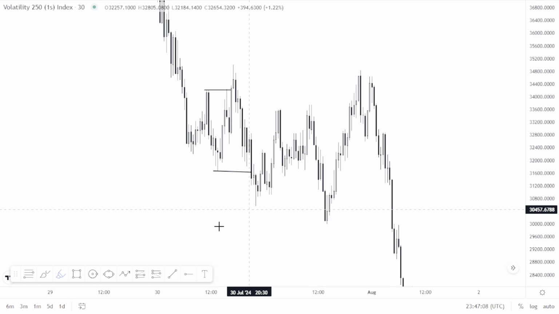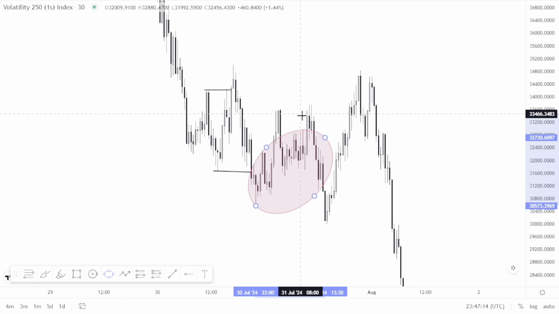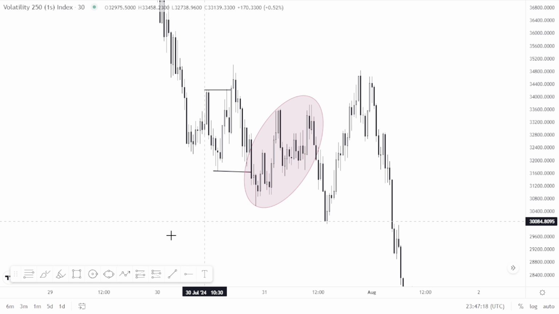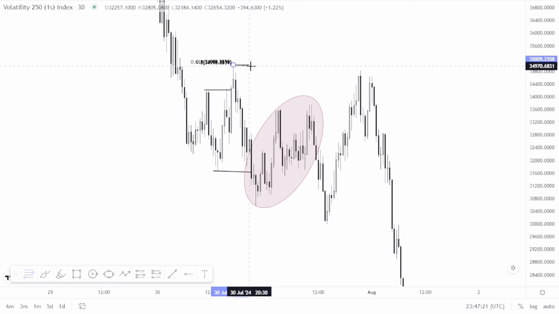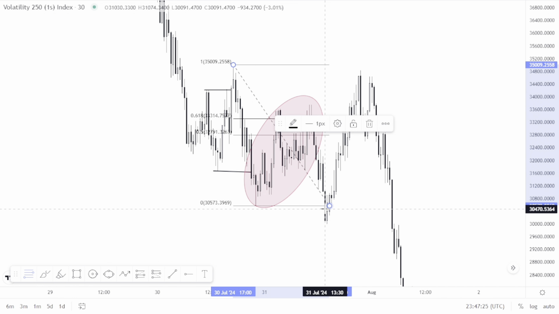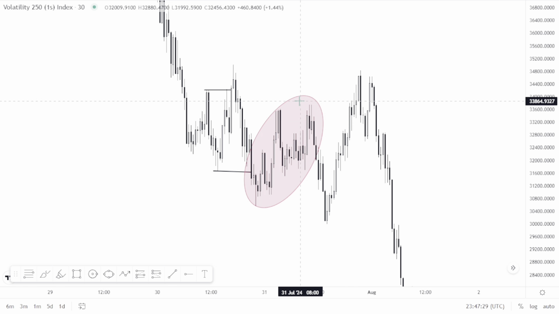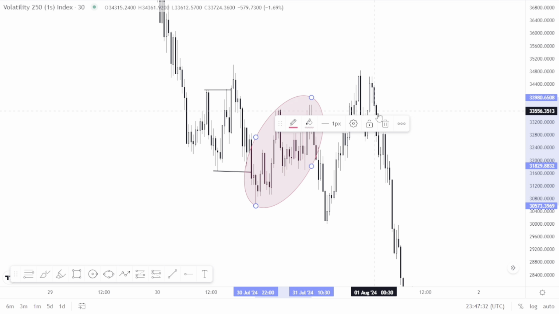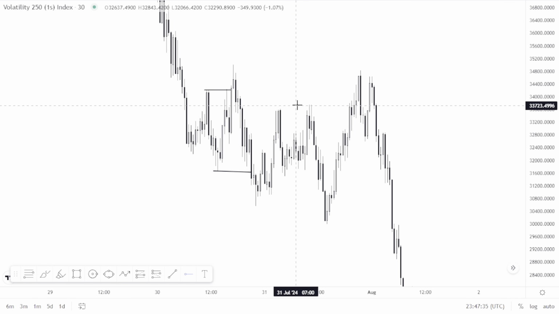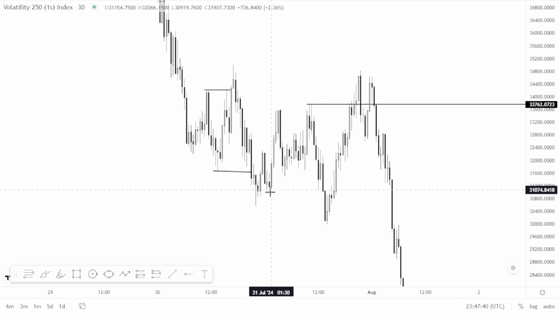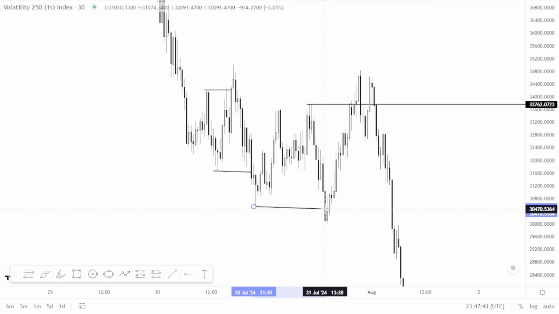The whole of this move here is our pullback, which is up to 50%, because if we pick our Fibonacci from the swing high to the swing low, you see that it's more than 50%, so the setup is valid. I pick my tool, that's my structural liquidity. The next thing is, do we have a second break of structure? We have our second break of structure.